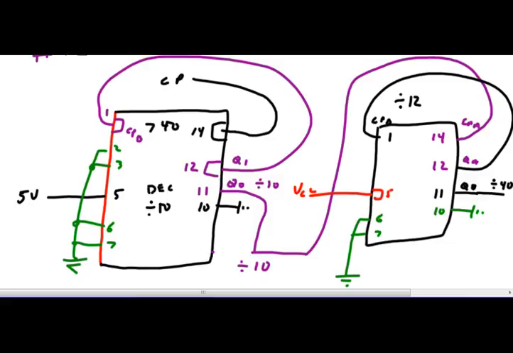If I went in clock B only, then QA isn't being used, and QB would be 2, and QC would be 4, and QD would be a divide by 5. So I can get a divide by 5 out of that guy, just like my divide by 12.